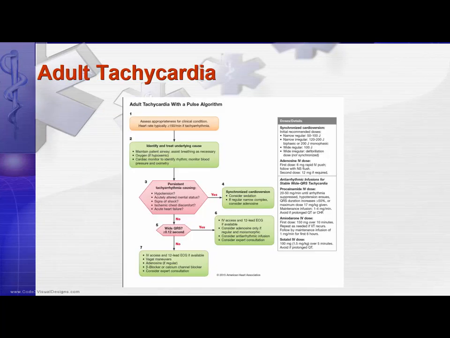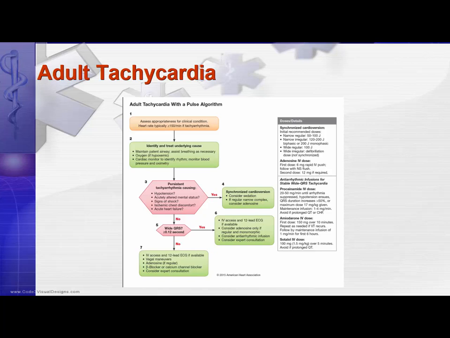Okay. So we kind of went through that algorithm, the adult tachycardia algorithm. Big thing here is that two roads diverge in the wood. Which one are you going to take? Well, you may take the one that is electrical therapy, or you may take the one that is pharmacological therapy. It's all based on patient presentation and their hemodynamics, okay?